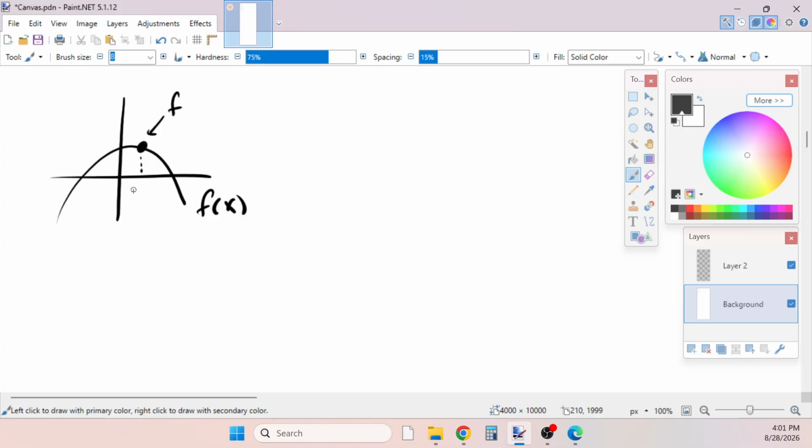Let's call this point x equals a. The value is f of a. It's the height of the graph. The limit is whatever height the graph is pointing to from both sides. And for continuous functions, those values are the same.